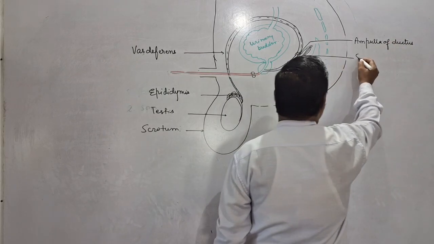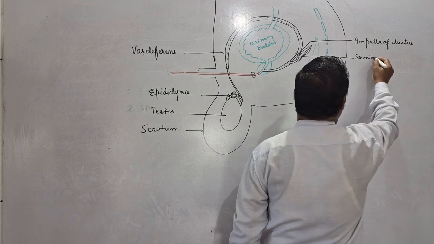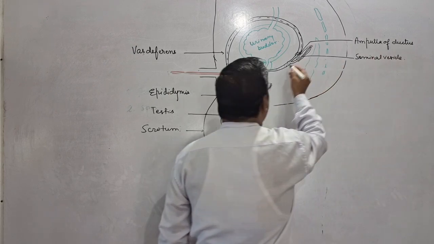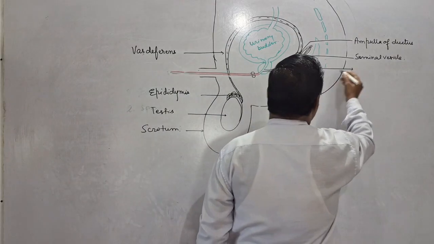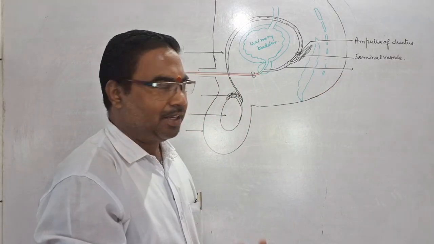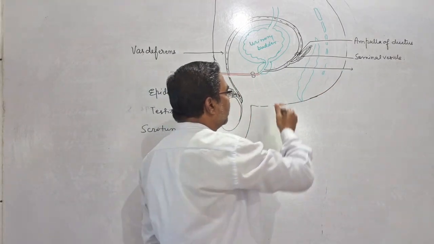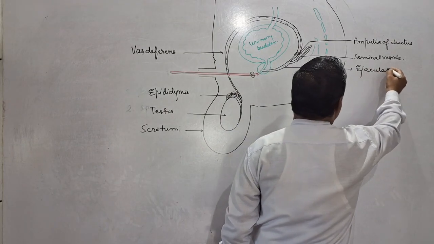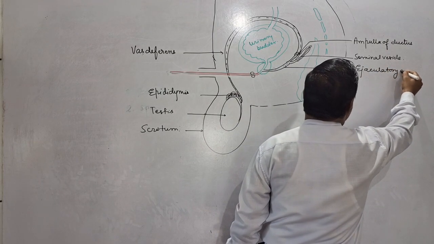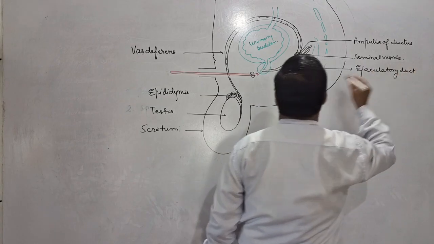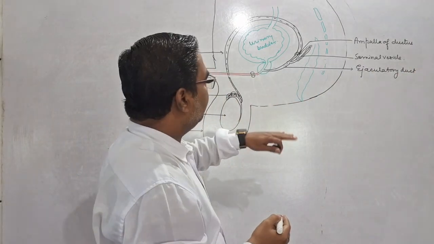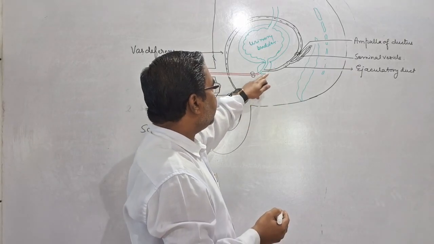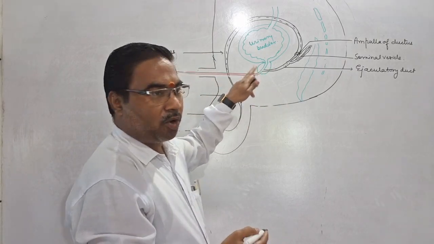Now this is the seminal vesicle. Soon after the seminal vesicle, this is called the ejaculatory duct. After the ejaculatory duct, it is attached to the prostate gland.